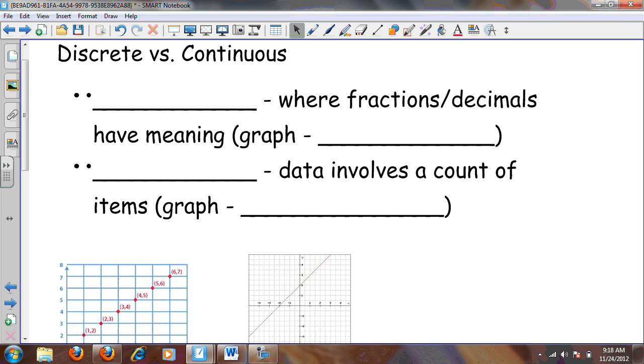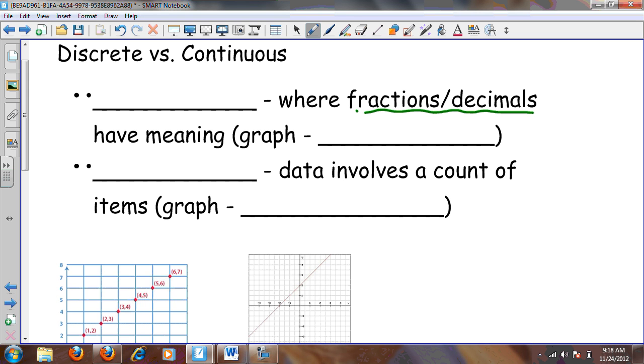What is the difference between the data being connected and the data not being connected? Money, or what you're going to be charged, versus number of photos or sheets that you're going to get out of the booth. One of the graphs, we can have fractions and decimals.